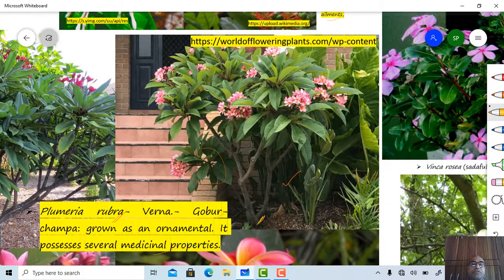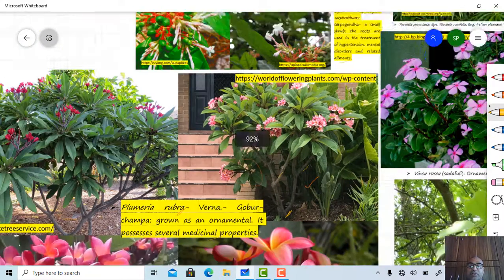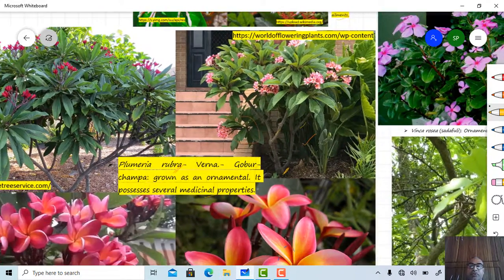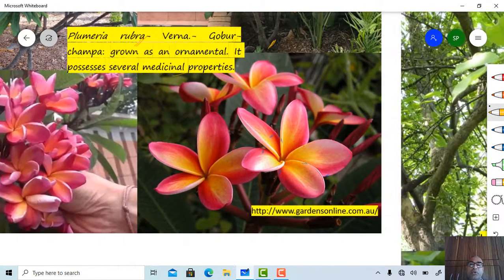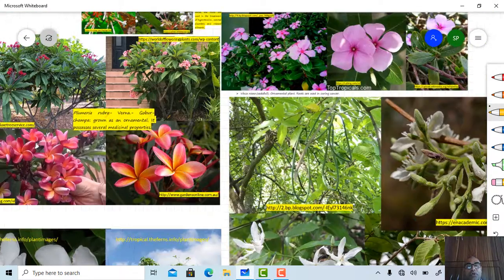Okay, this one is the stem, branches, leaves and inflorescence. This figure, photograph, clearly shows the nature of the beautiful flower and beautiful corolla. Just observe the twisted type of estivation present in the corolla.